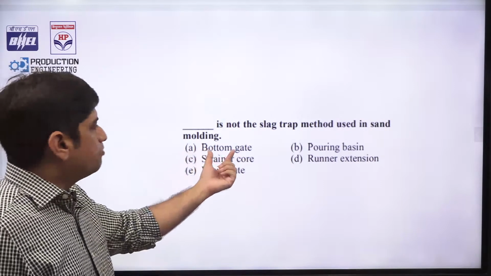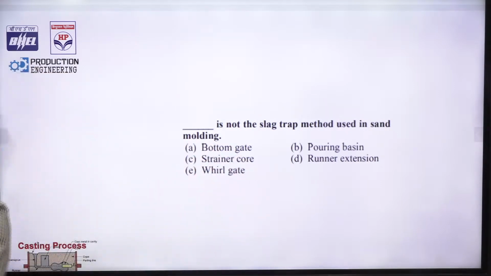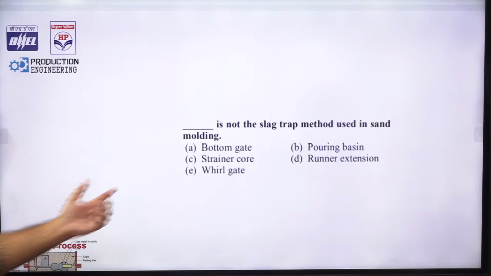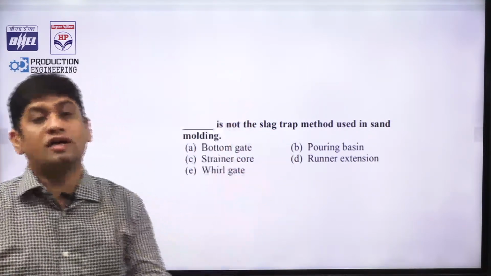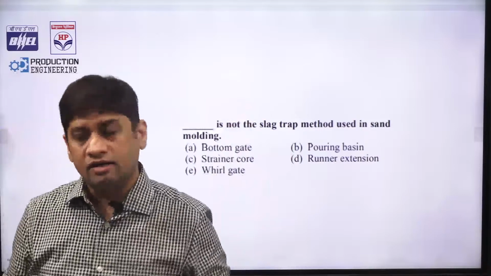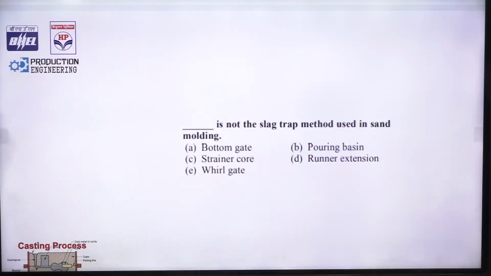I mean, bottom gate and top gate. Bottom and top gate are not for slag. No, bottom gate is not for slag. Do you think bottom gate is used to trap the slag? Top gate, bottom gate, they are two different kinds of gates, right? So bottom gate is not the answer, but try to remember the other points.